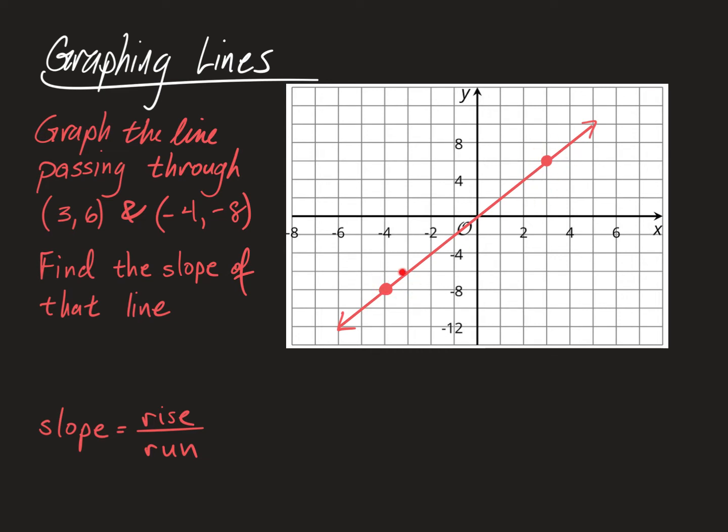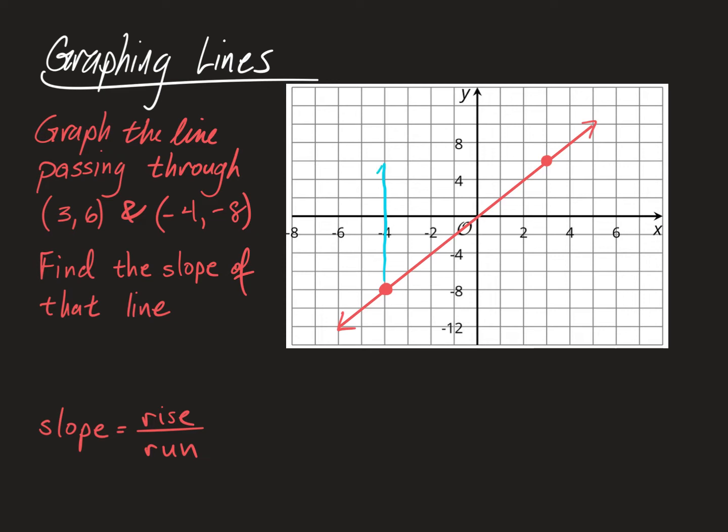And just for simplicity purposes, I'm going to start with this point here. And since rise is on top, I'm going to do the rise first. And what that means is I'm going to go straight up from that point until I get to the same level as the other point.